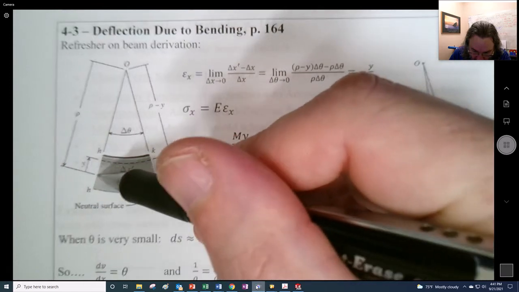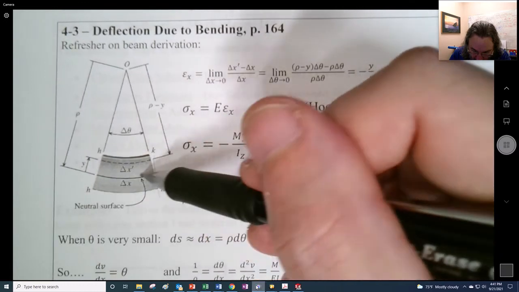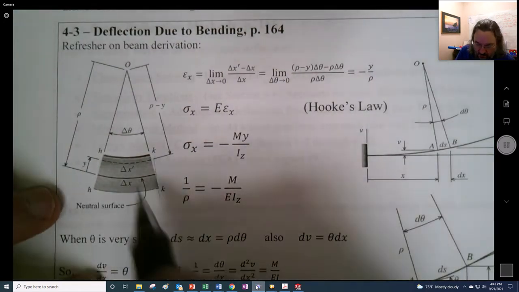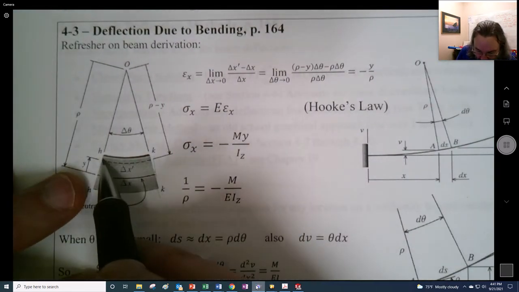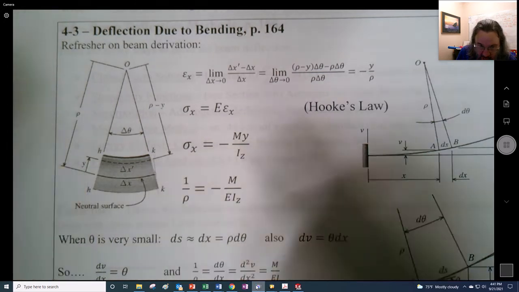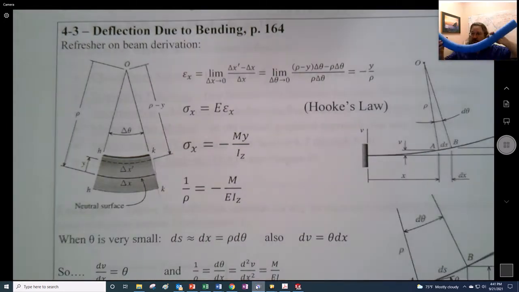Down the center of the line, that's going to be equal to the original length of this section. But a little bit higher, this would have been the same length as this, but now it's been compressed, because we've made a curvature to the thing.